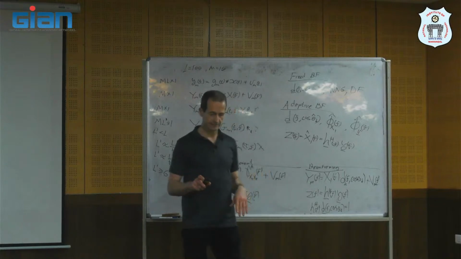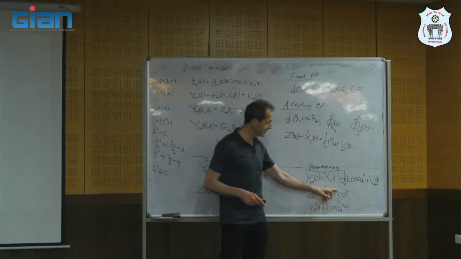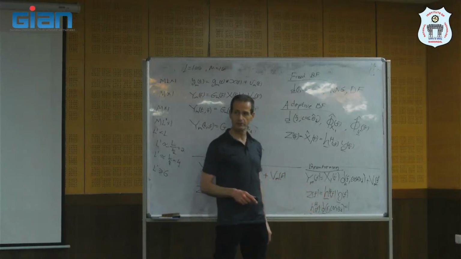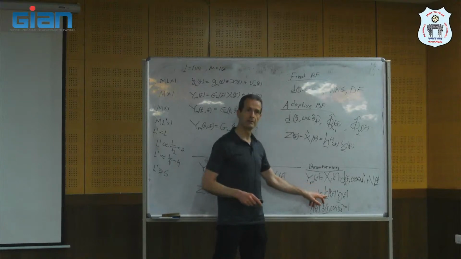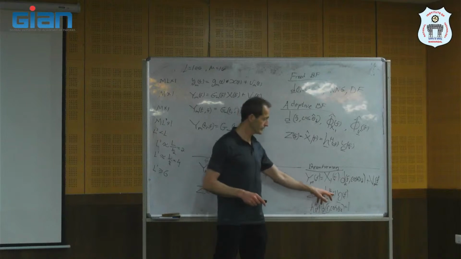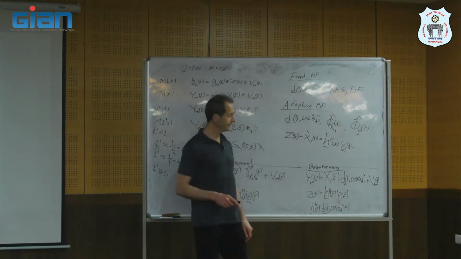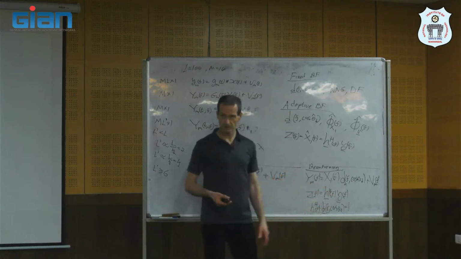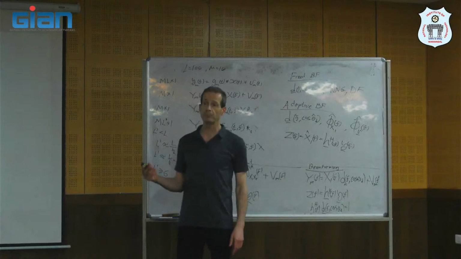What does it mean to design the beamformer? To design this H for each frequency. This beamformer contains M elements for each frequency. So we can try to find these weights such that we will get a desired beam pattern.